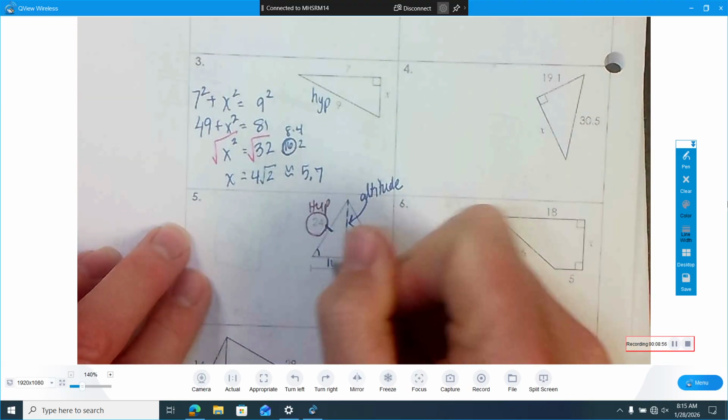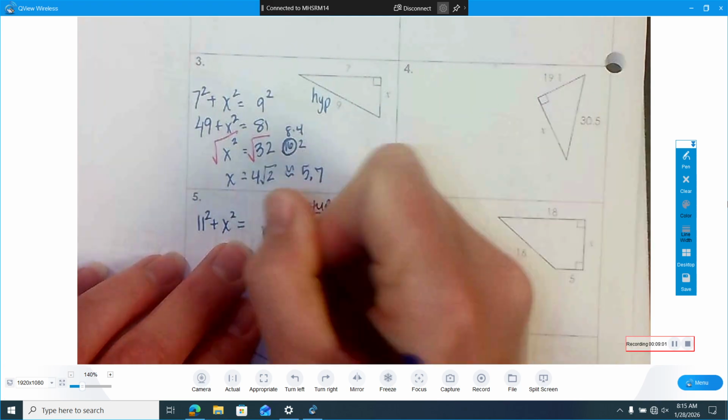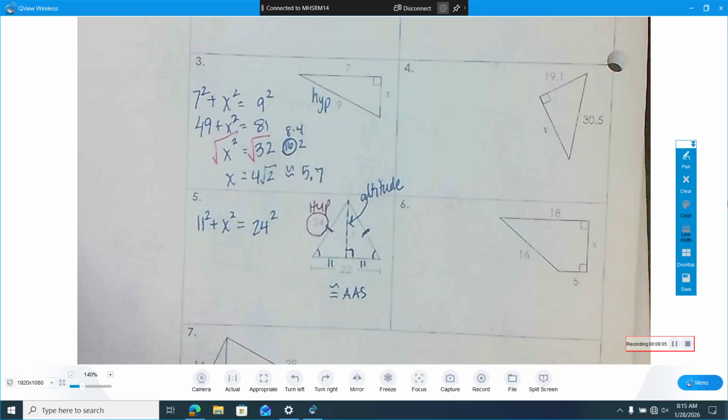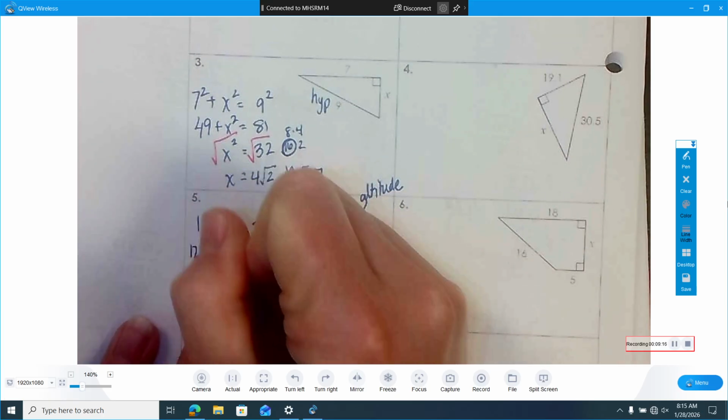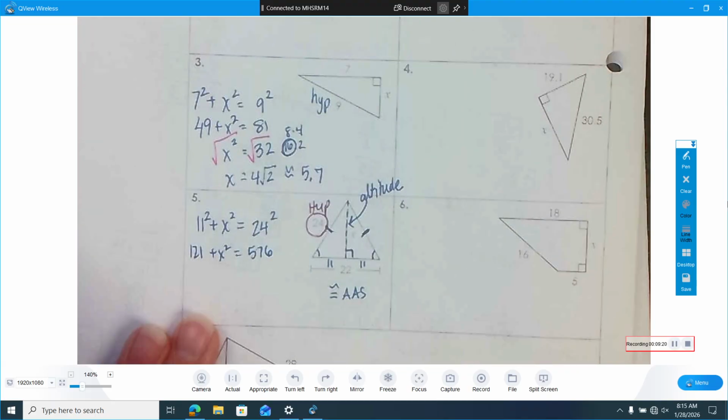So I'm going to do leg squared plus leg squared. I'm always going to set it up exactly how I'm supposed to, only because I'm a teacher. And yes, you can skip a step. So leg squared plus leg squared equals that hypotenuse squared. You're going to go ahead and square both of those. So let's do 121 plus x squared equals 576.